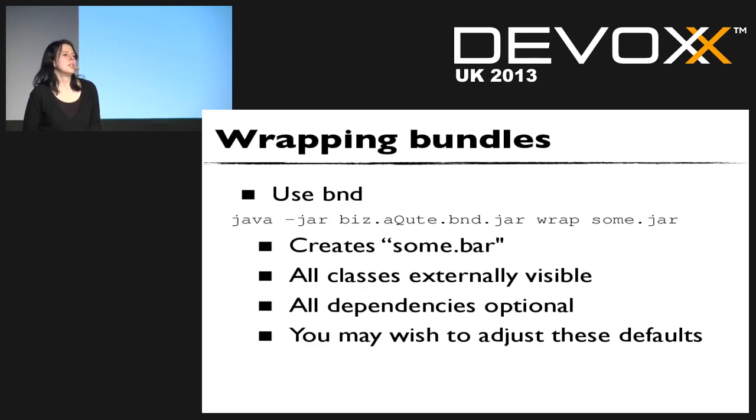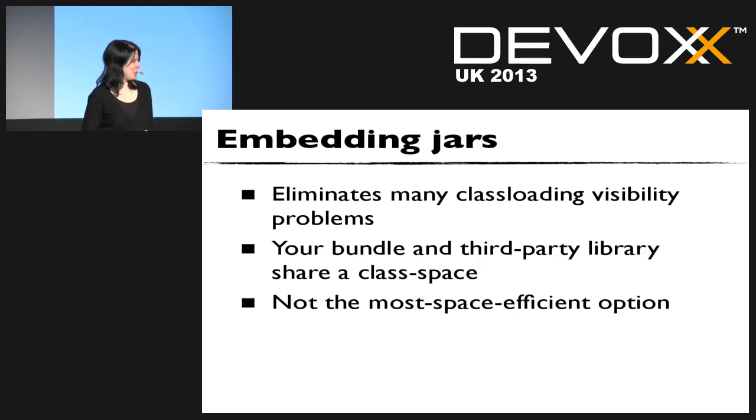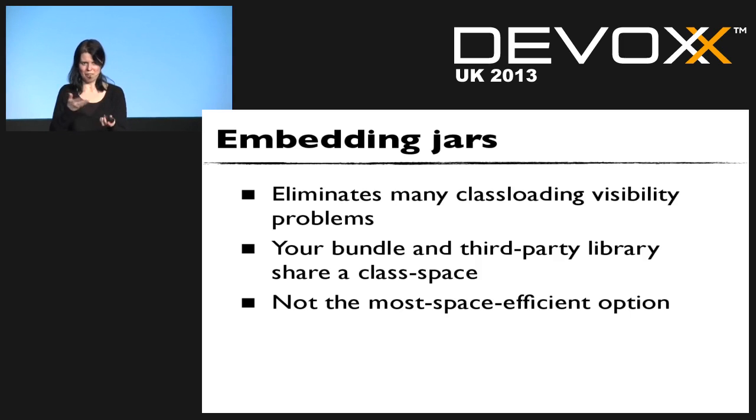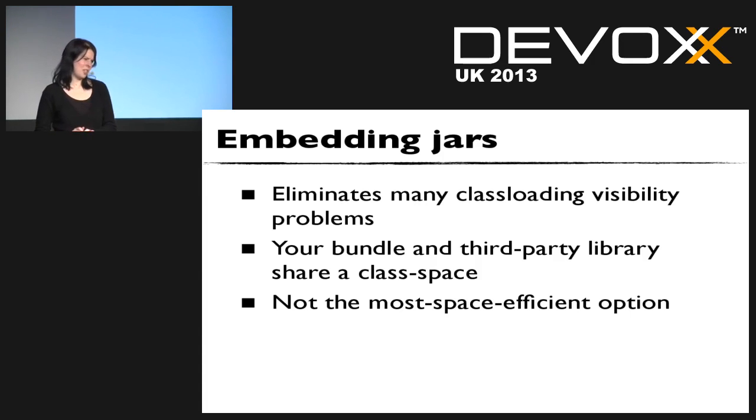Embedding jars is one of those dirty things where in an ideal world we would never do it, because it eliminates this advantage of OSGi of keeping your dependencies external. But it does have some advantages as well, because obviously not everything is written with OSGi in mind, and some tricks that applications do can tie OSGi in knots.